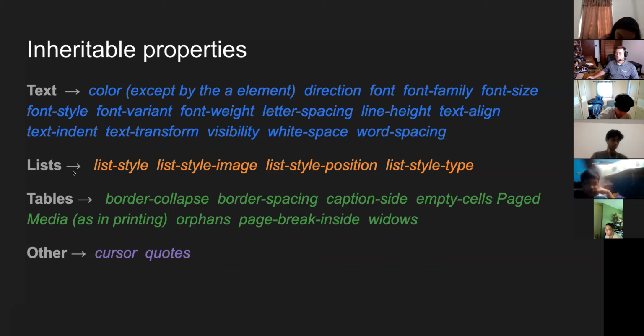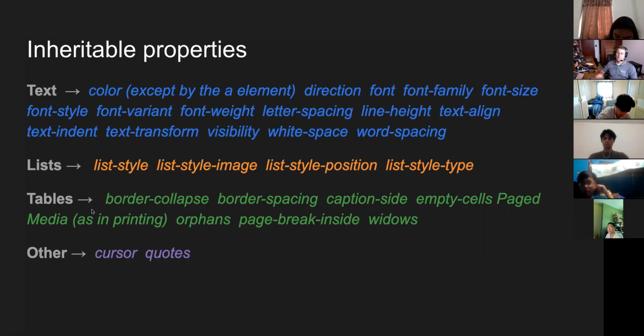For lists, these would be your unordered list, your UL tags, your OL tags. For these lists, list style image, list style position, list style type are all inheritable. Tables.